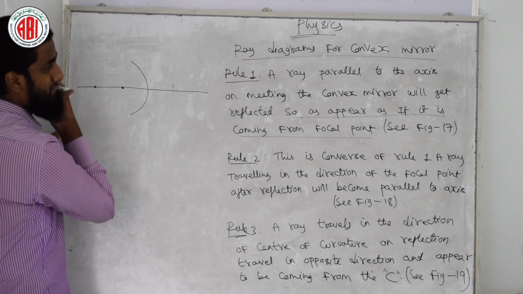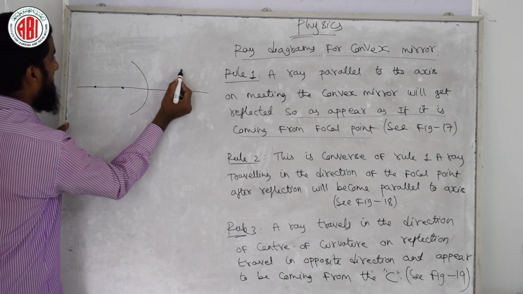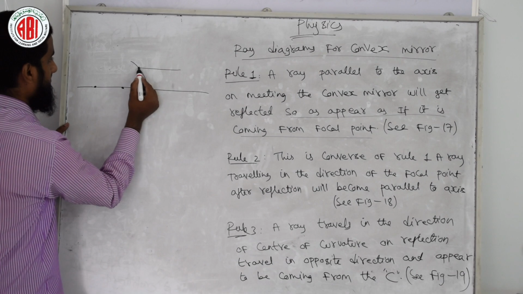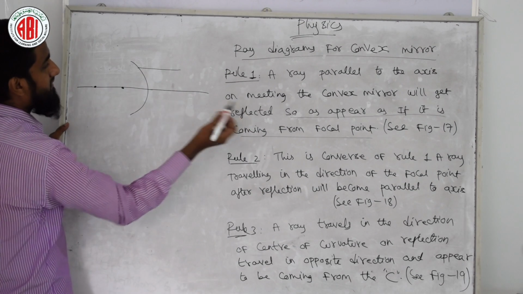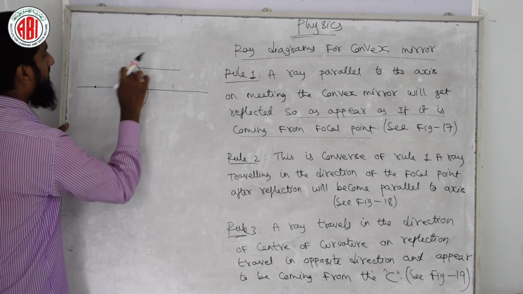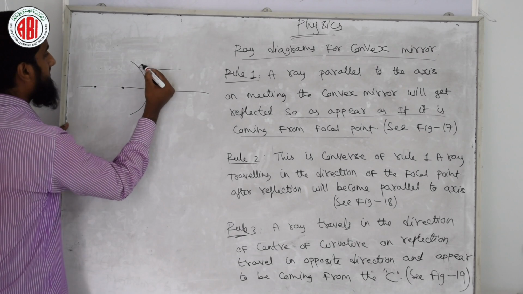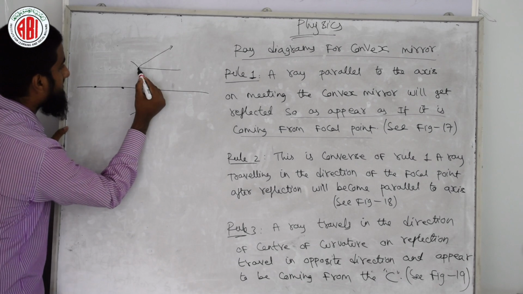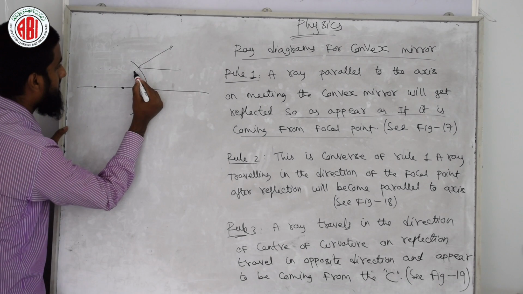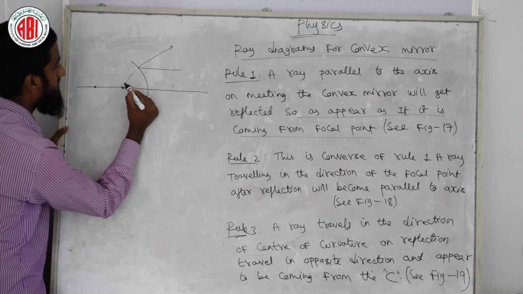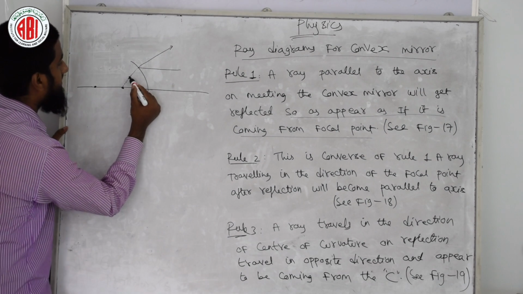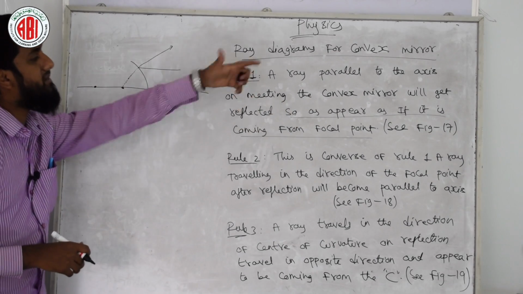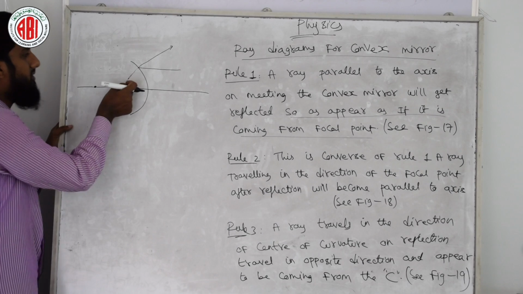So a ray parallel to the principal axis, the ray which is parallel to the principal axis, will get reflected. A convex mirror is a diverging mirror, so the ray diverges; the actual reflection is diverging. But when we see this dotted line, it appears as if it is coming from the focal point.